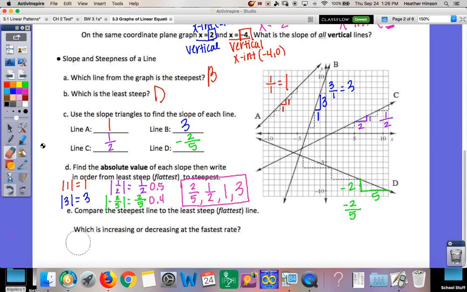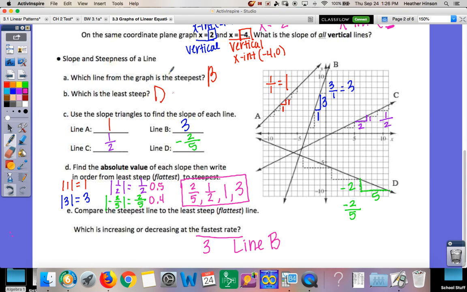So looking at the absolute value ones, because we don't care if it's negative, that just means you're going downhill instead of up. Looking at our absolute value numbers, which one is decreasing or increasing the fastest? That means your highest number. That's going to be 3. And 3 was line B. So that is the highest.